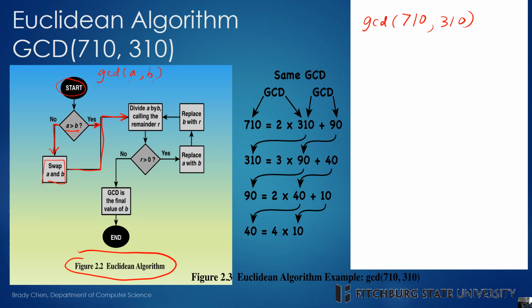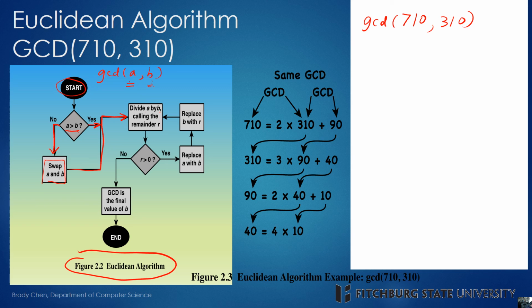Then we divide A by B. So now you know why we always want to swap A and B: to make sure A is bigger than B, because we always divide A by B. We have to make sure B is smaller than A. Otherwise, if we divide a smaller number by a bigger number, we always get the same result: the quotient is always 0, because there's no way to divide a smaller number by a bigger number, and the remainder is always A. So it doesn't make sense; you don't gain anything.